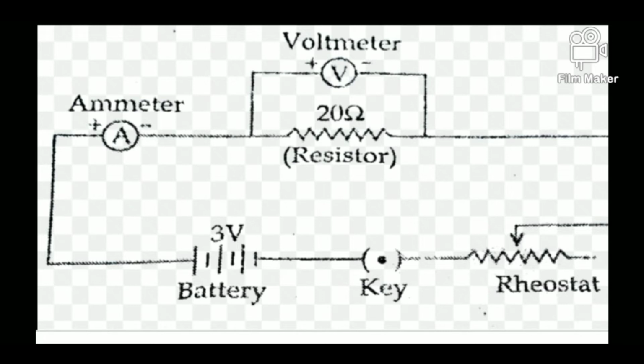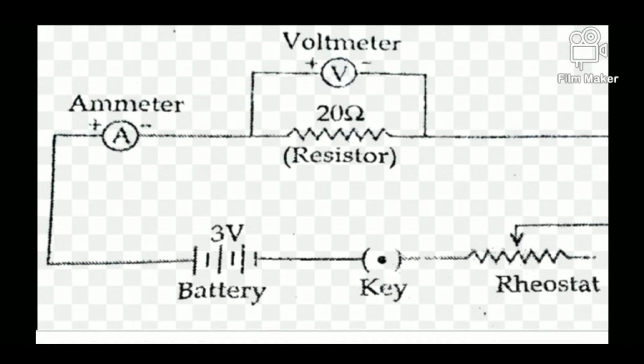Now let us talk about electric current. What do you mean by current? Current is the rate of flow of charge across a cross section normal to the direction of flow of current. Current is equal to charge upon time. Current is a scalar quantity.